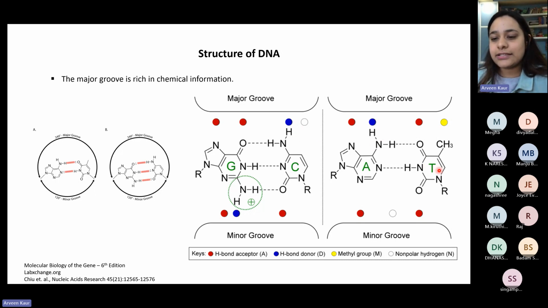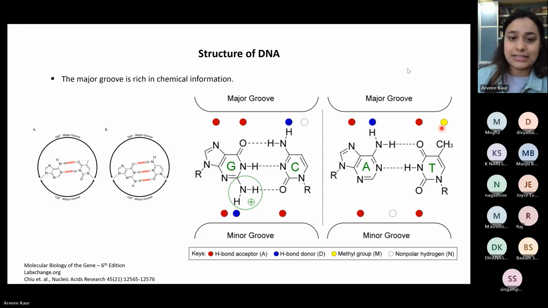Similarly, when A is bonded to T, the major groove again has a particular kind of signature. What is the signature? Hydrogen bond acceptor, then hydrogen bond donor, hydrogen bond acceptor, and methyl group. That is ADAM, right?